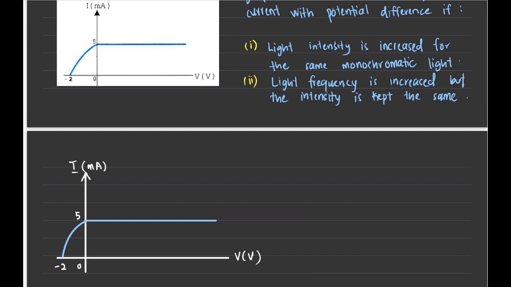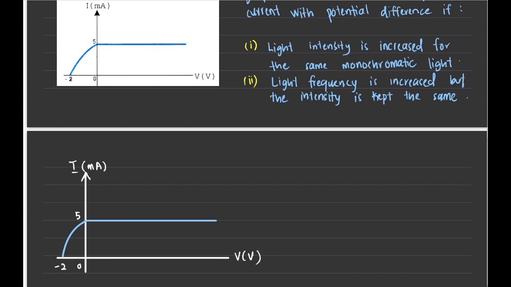Okay, for the first question, the monochromatic light is the same. So when the light intensity is increased, the number of photoelectrons emitted per second also increases. The incoming wavelength remains the same because we use the same monochromatic light, so the maximum kinetic energy will remain the same.